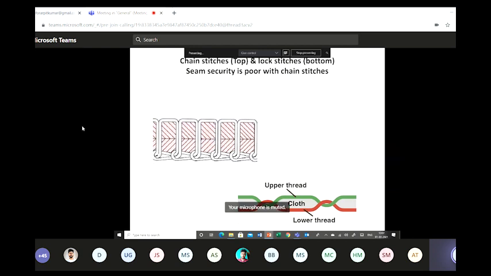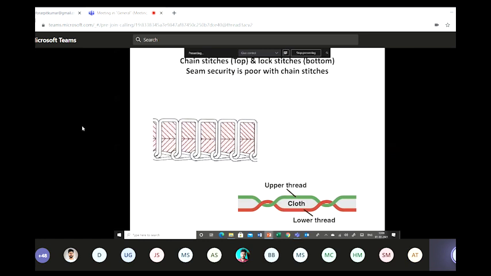Then only the previous stitch and the new stitch both are entangled, or you can say interlaced. So once the thread comes to the bottom, it has to bend to a large radius of curvature. Then only will it be able to interlace with the previous stitch.